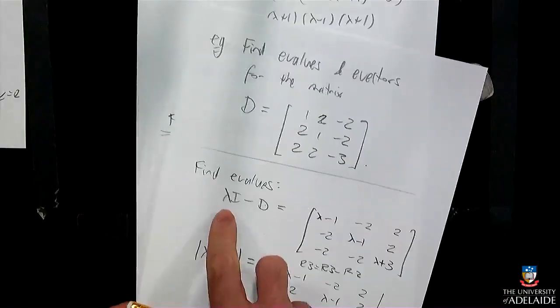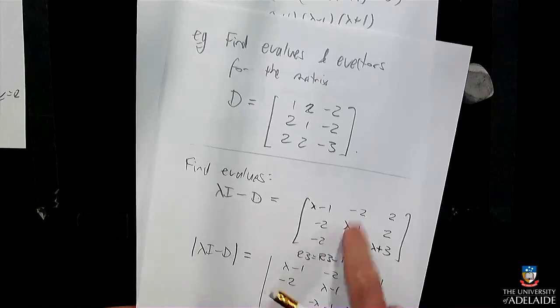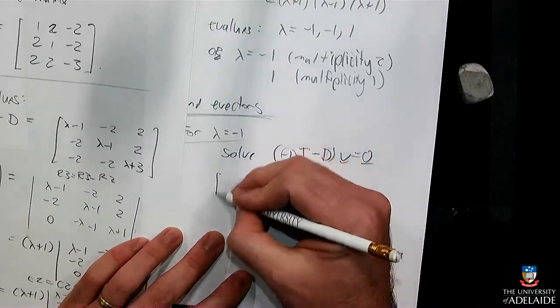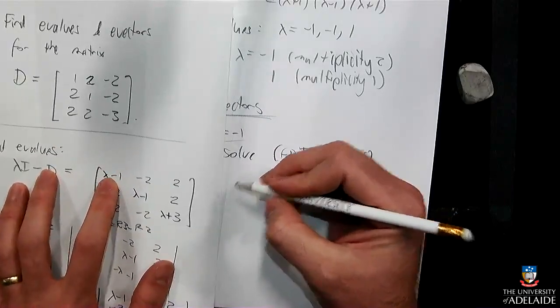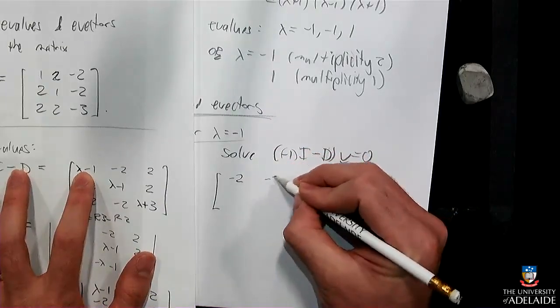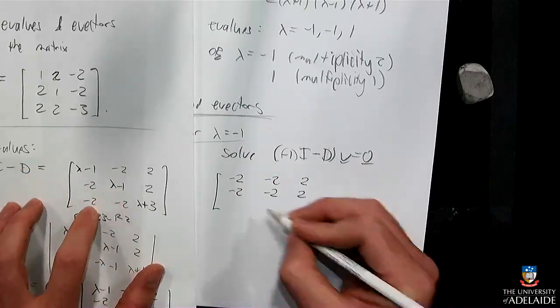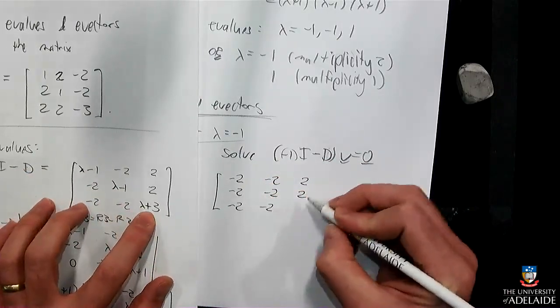I need to go back to here where I wrote down what lambda I minus D was and sub in -1 into that. So let's see, -1 minus 1 is -2. -1 minus 1 is -2. And -1 plus 3 is 2.